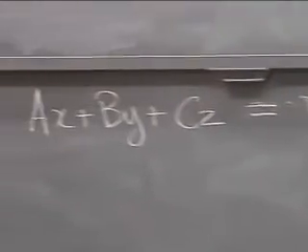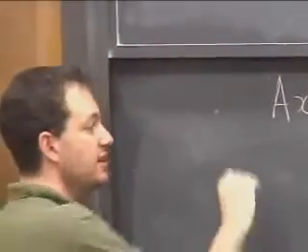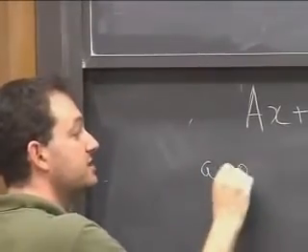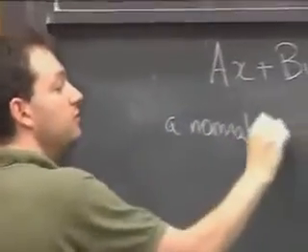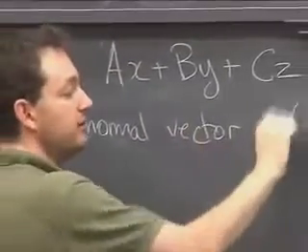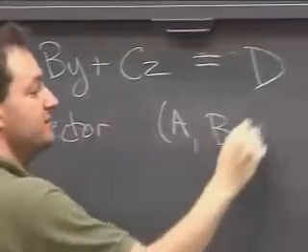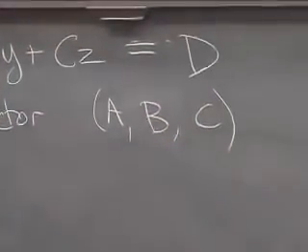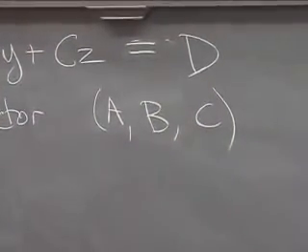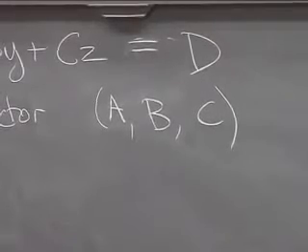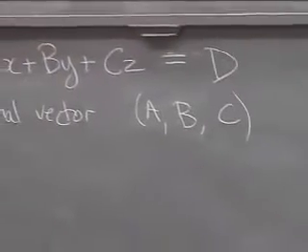And the prescription is that given this equation, a normal vector, not necessarily a unit normal, is immediately readable off as A, B, C. Those coefficients form a normal to the plane. Not along the plane at all, it's perpendicular to the plane in 3 dimensions.